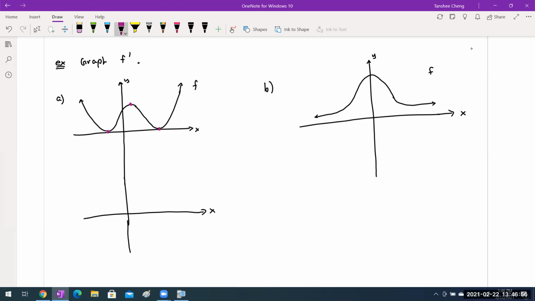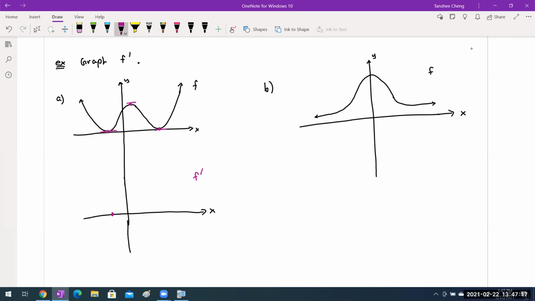The horizontal tangent line. So that tells me on the graph of the f prime function, the value of f prime will be 0, because a horizontal tangent line means what? The slope is 0. So now I can bring it down.